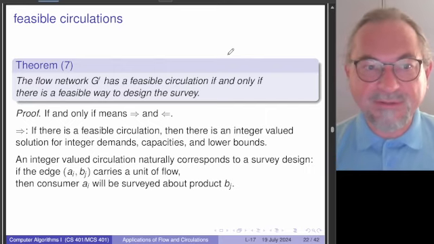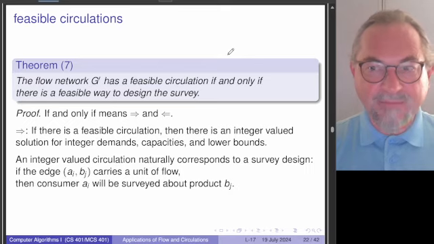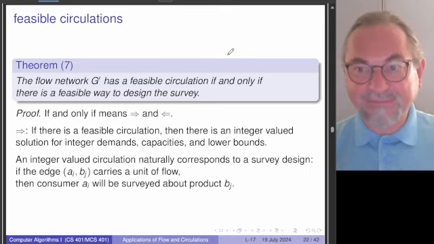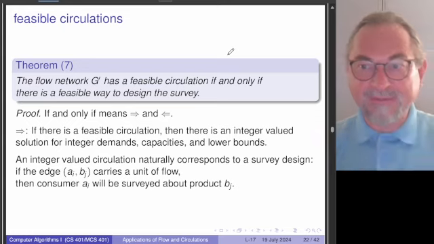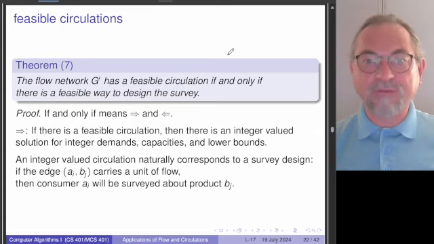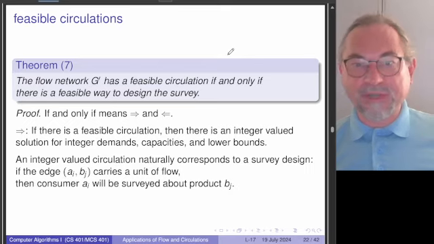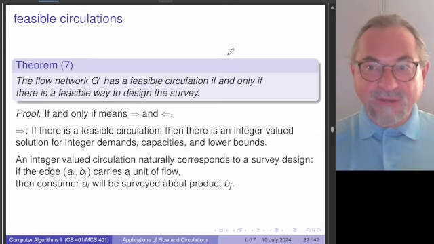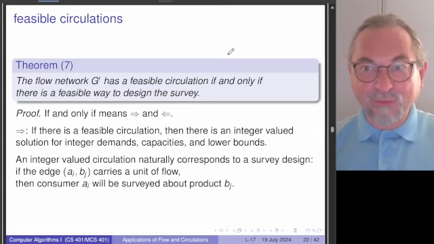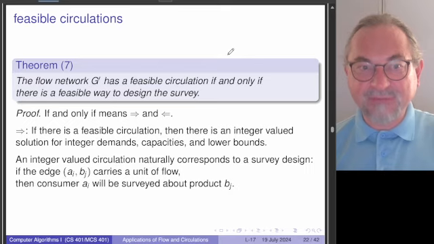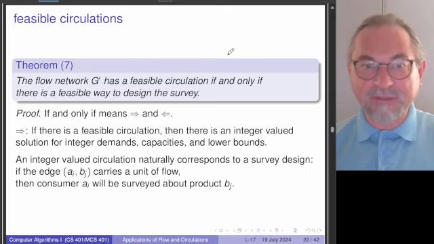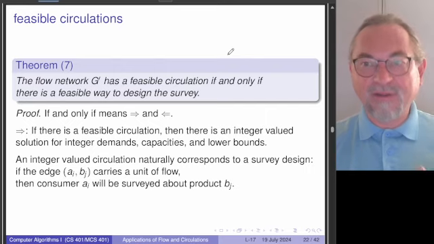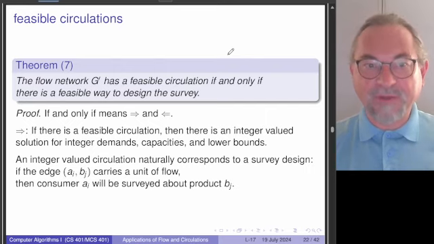Now again, we do have an algorithm. We actually have two algorithms to formulate the new input to construct the flow network. And we have the Ford-Fulkerson algorithm. But the important problem is, of course, does the maximal flow correspond to a feasible circulation? And if we have a feasible circulation, what does that mean in terms of the survey design?